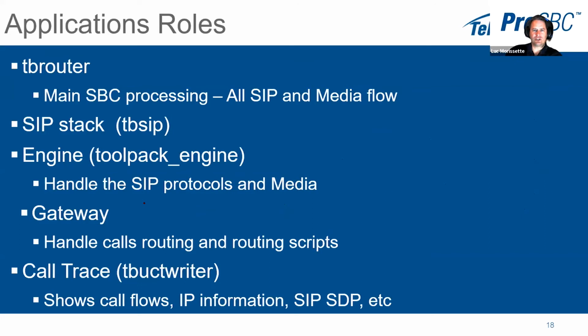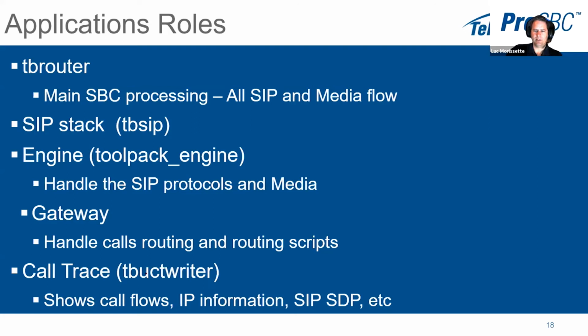So here it's just the description of each of these applications. We talked about them already, and you can refer to this later if you need. For example, when I talk in the presentation about engine, if you look physically on the CentOS system or on the toolpack web portal, you will see toolpack engine. That's the real name of the application. And call trace, for example, is called TBUCT writer.